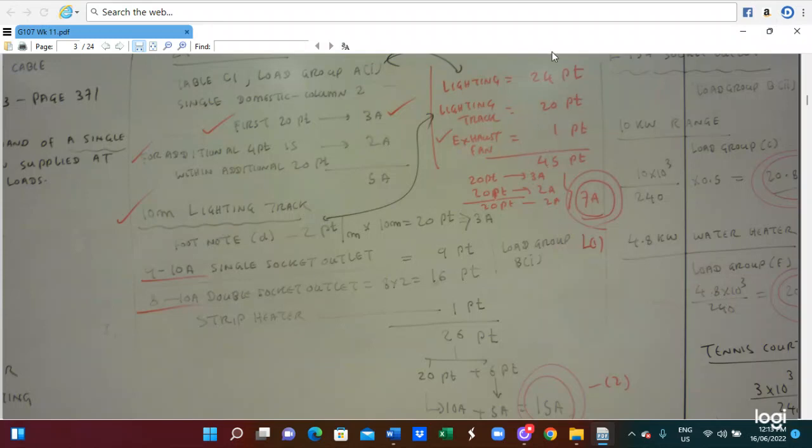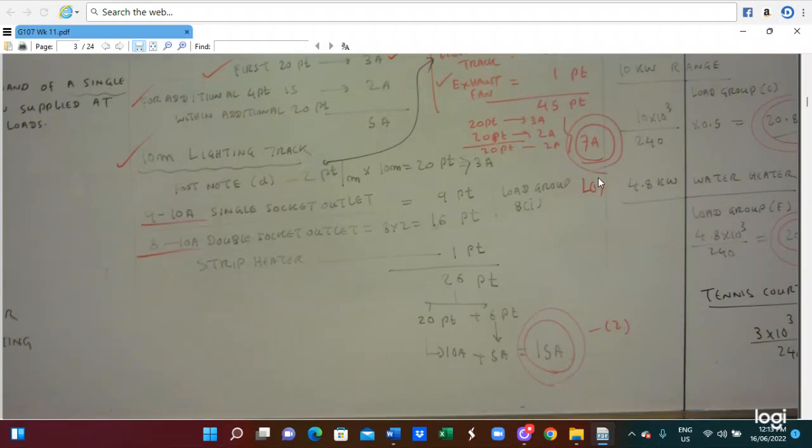The exhaust fan is equivalent to 1 point. So the total is 45 points, and we use A1. The first 20 points is 3 ampere, the second 20 points is 2 ampere, and the other 5 points fall within the next 20 points, so we take 2 ampere. The total current is 7 ampere.